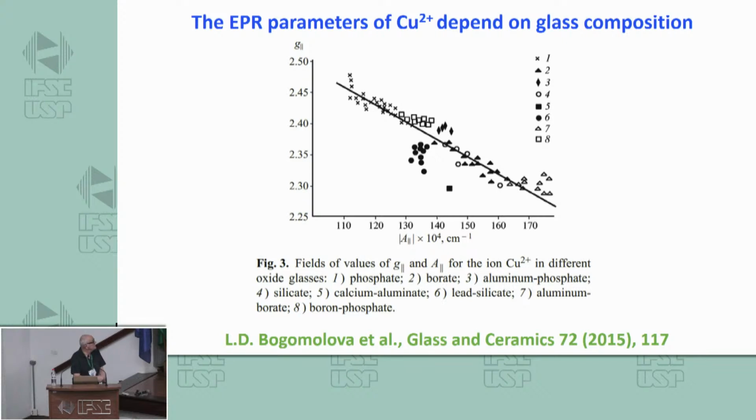So the covalency between phosphate and aluminoborate glasses shows the largest difference.